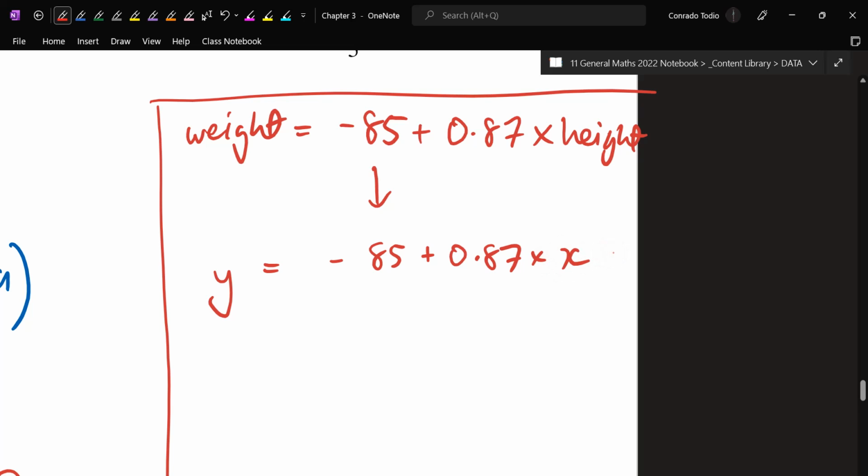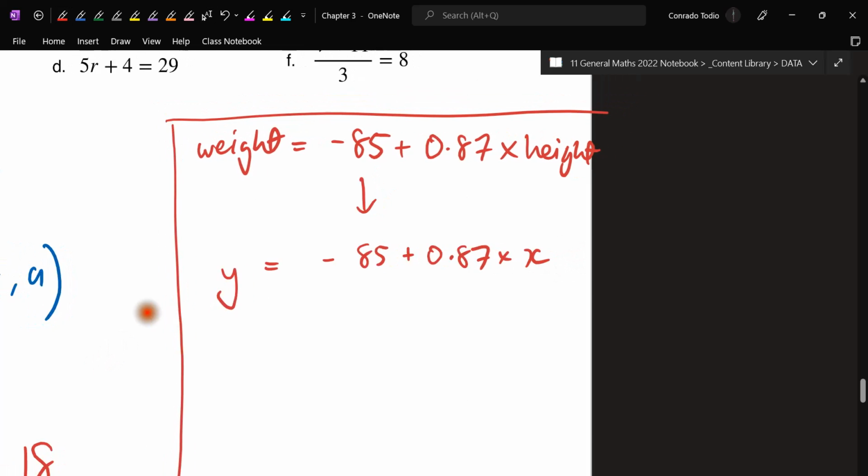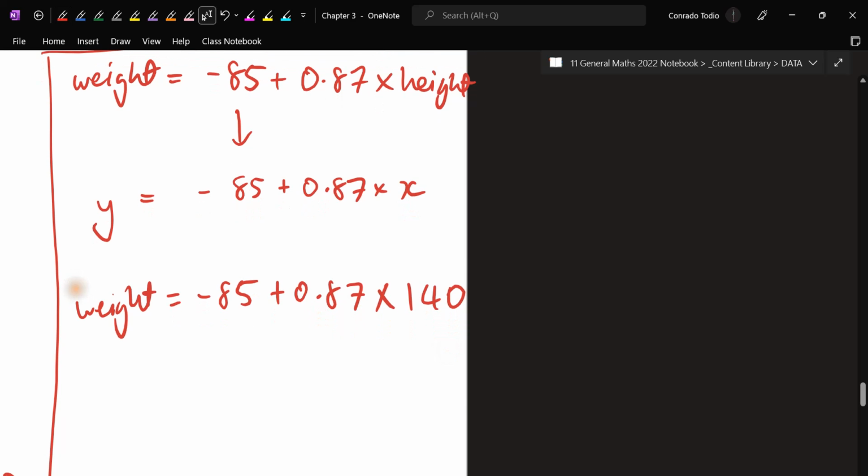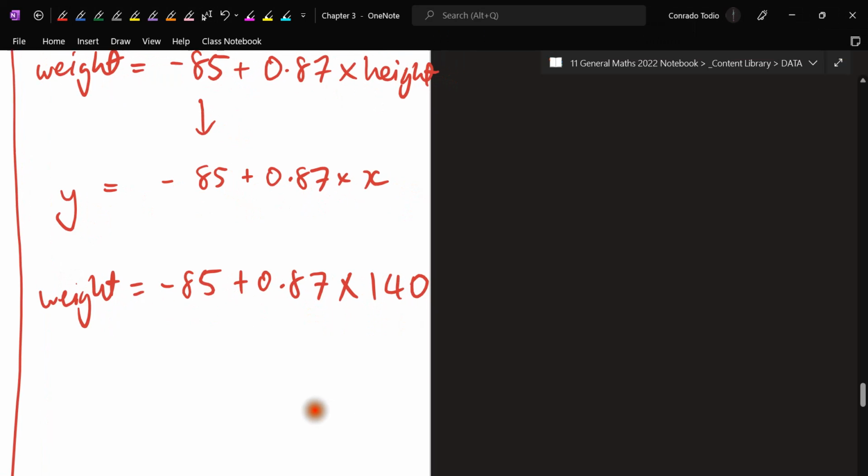Normally you'll be asked, what's the value of weight if height was 140? Weight is equal to negative 85 plus 0.87 times, say, 140. What is someone's weight? This is how we've normally been doing it.